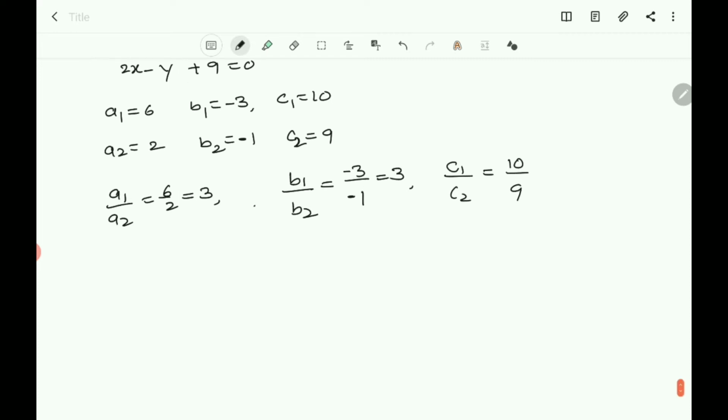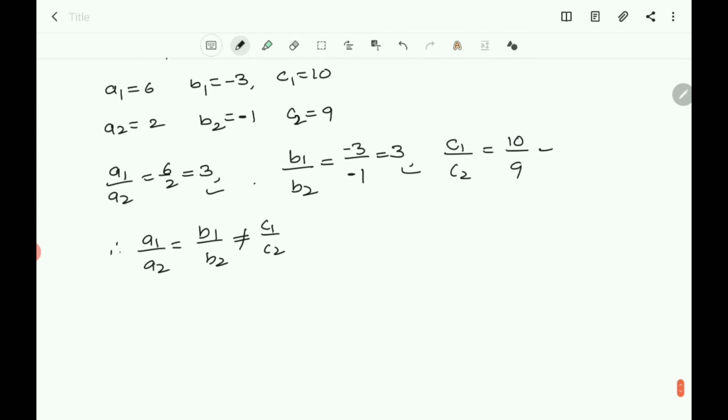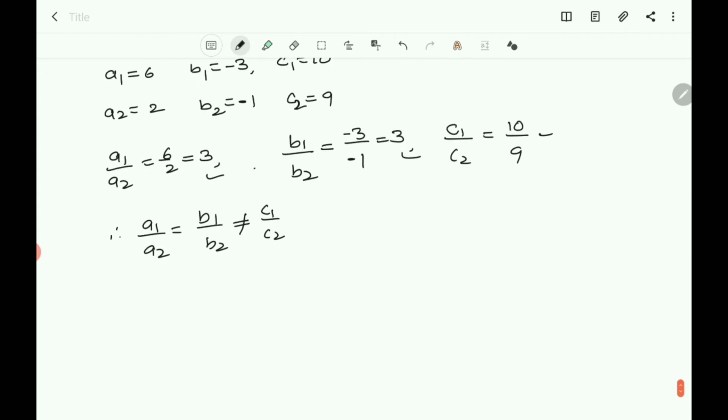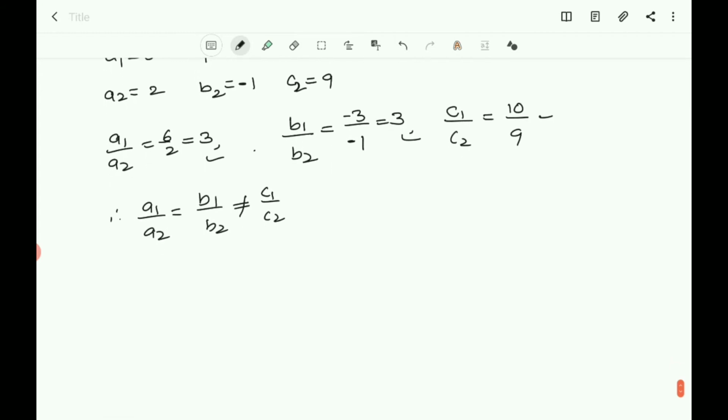So what you can observe here? a1 by a2 and b1 by b2 are the same here. 3 you got, but c1 by c2 is not equal. So a1 by a2 is equal to b1 by b2, but they are not equal to c1 by c2. In this situation, you know that the lines representing the given pair of linear equations are parallel. They do not have a solution.